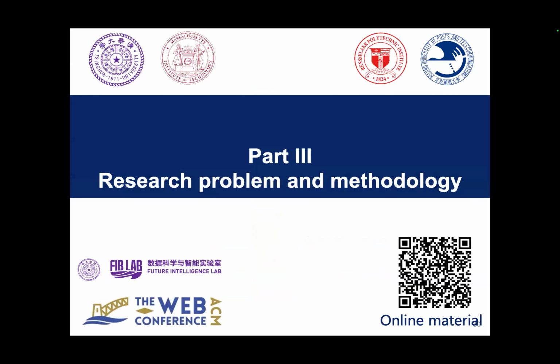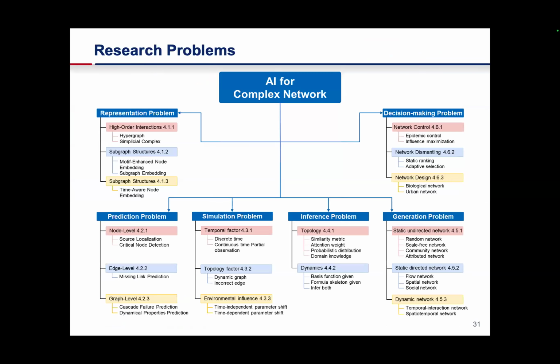So now in part 3, we will categorize several key research problems in this field, and we will look at different challenges and how AI can be tailored to each kind of problem. There are 6 kinds of important research problems, we think. First is the representation problem: how to represent a complex network in a continuous space, so we can do downstream tasks.